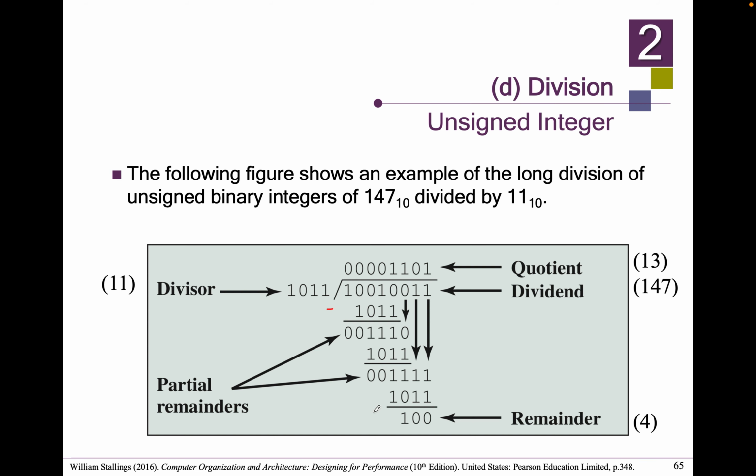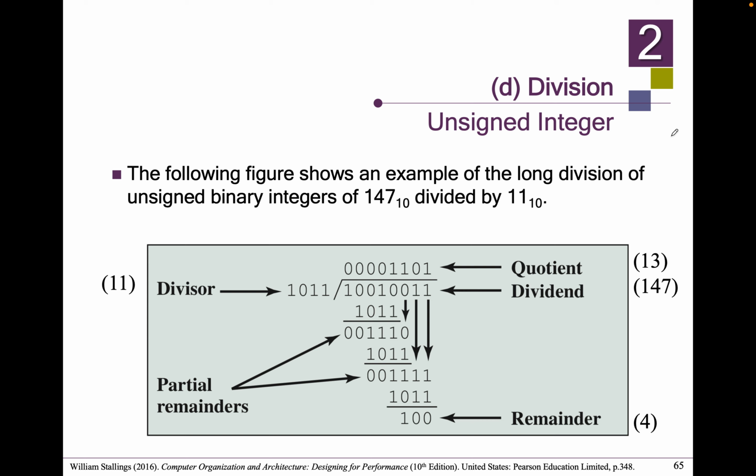Then you're going to have partial remainder, partial remainder, and also final remainder. So this is the final remainder and this is your quotient. Your final remainder will be 4, equivalent to 100, and the quotient will be 13.